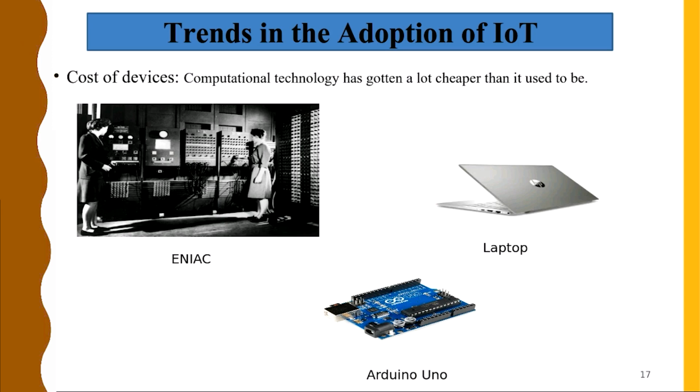The first thing given over here is ENIAC, the first computer developed, and you can see in the picture it was very costly. Its cost was in millions. With the advancement of technologies, now with 30,000 to 35,000 we can have a good laptop, right?